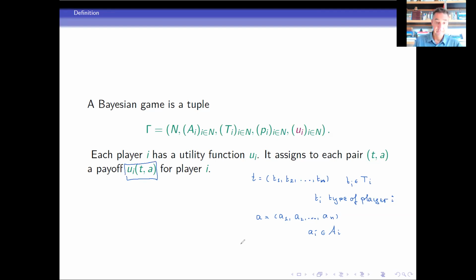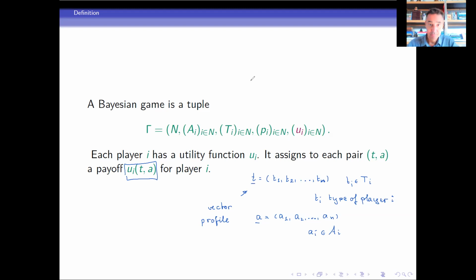T, A. By the way, these vectors over here, so this is a vector, of course, of length n. But in game theory and economic lingo, this is often called a profile. So this is a type profile, the T, and the A is an action profile, a profile of actions.